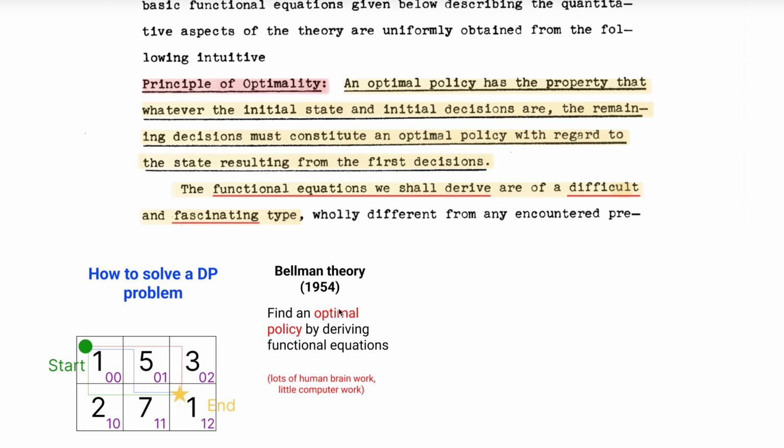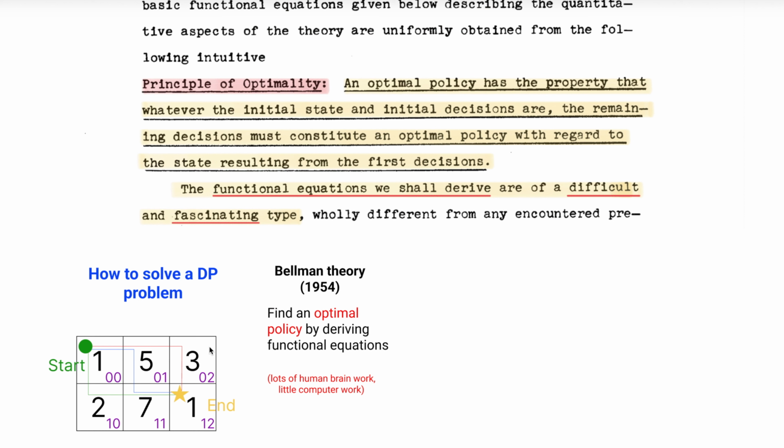Now, if Bellman's approach sounds hard to you, it is because it's actually hard. With Bellman's theory, solving a DP problem is equal to finding an optimal policy by deriving functional equations. That means for our problem here, we will need to represent the problem in math along with the problem conditions, like we can only go right or go down, and the problem's requirement that we need to collect the most gold.